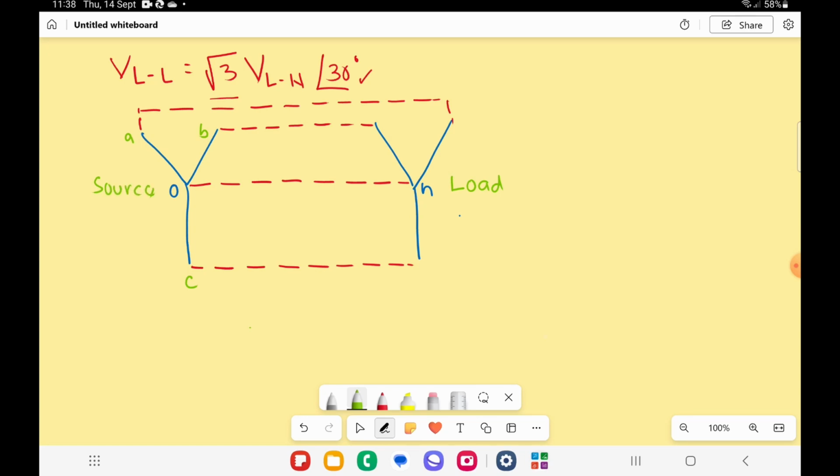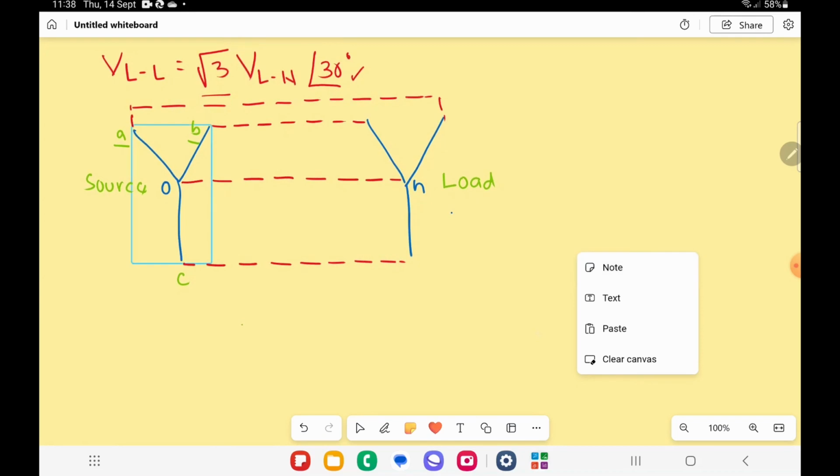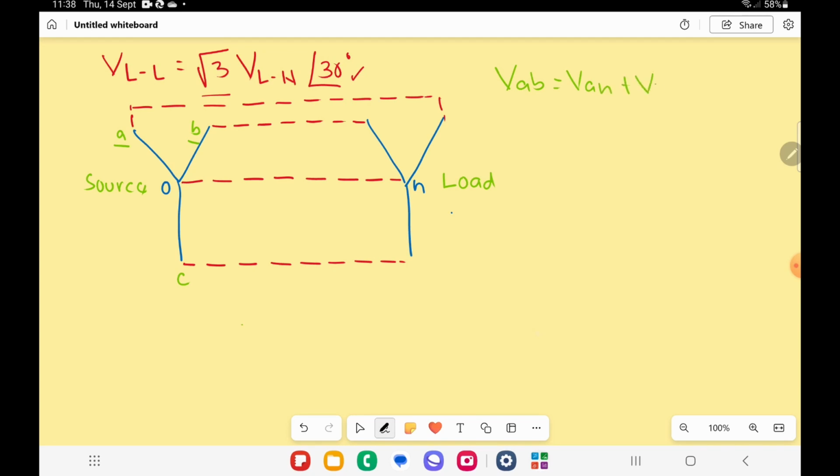If we are going to trace the circuit between line A and line B of the source, we can say that line voltage VAB is equal to VAN plus VNB. This equation can be represented by means of a phasor diagram.